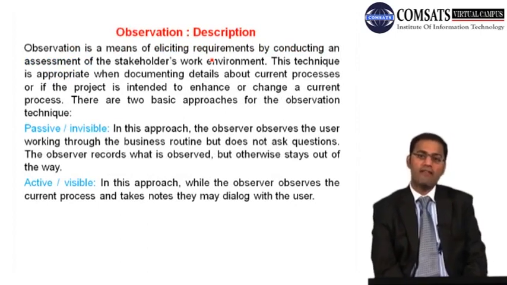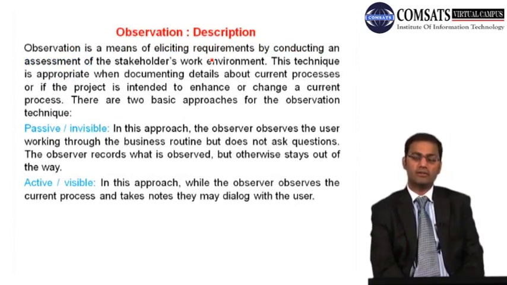And then we have one technique, and that is observation. So observation is a means of eliciting requirements by conducting an assessment of the stakeholders' work environment. This technique is appropriate when documenting details about current processes, or if the project is intended to enhance or change a current process.